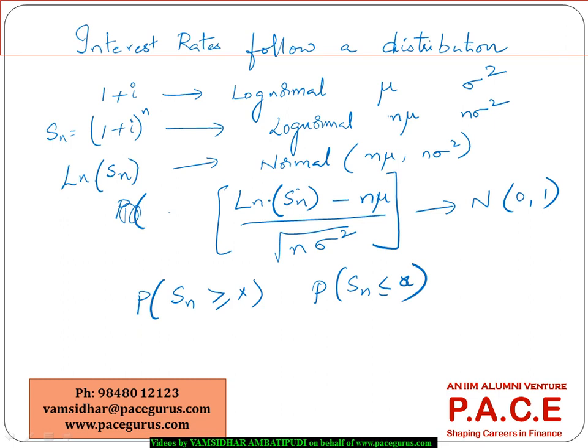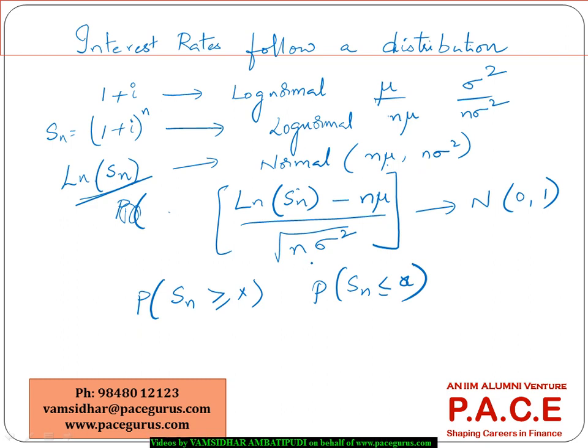To find out some such kind of stuff, we can very well use, especially if someone is saying 1 plus i will follow a log normal distribution with some mu and some variance, we can very well say Sn, which is nothing but 1 plus i to the power n, will follow a log normal distribution with parameters n mu and n sigma squared. So the definition of the log normal distribution is nothing but the logarithm of Sn will follow a normal distribution, but to make it standard normal distribution, I'll subtract the mean and divide by the standard deviation.